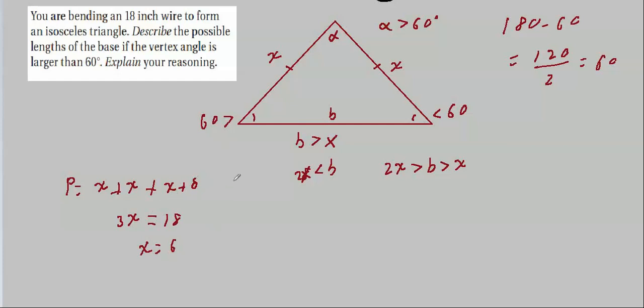So x must be less than 6, and b is greater than 6. On the other hand, it is less than these two.